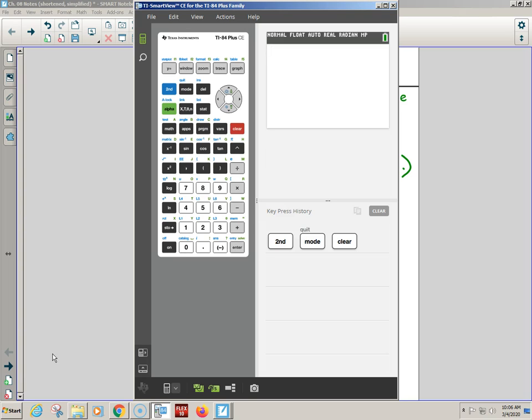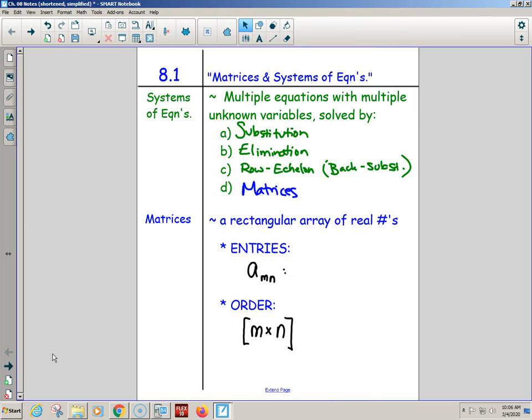So, matrices. The first thing we need to review with matrices is, well, actually not where notes start. Where we start is, technically, an application, or a means of solving systems of equations. It's a great means, actually a technological means.